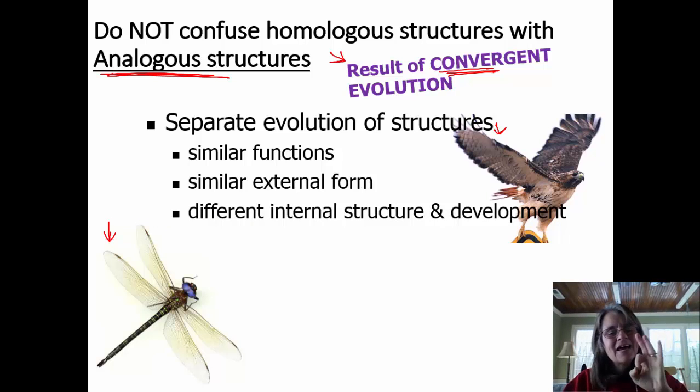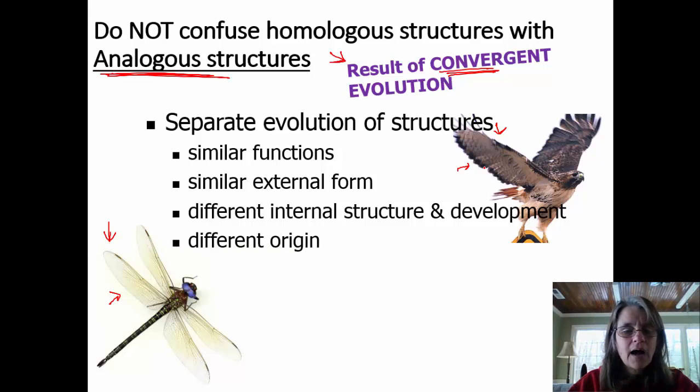But in analogous structures, the internal structures and the development of the structures is fundamentally different and bears no relationship. There's nothing like a bone in this dragonfly wing, whereas obviously bird wings have bones. They have bones that are not altogether different from those mammal bones we were just looking at.